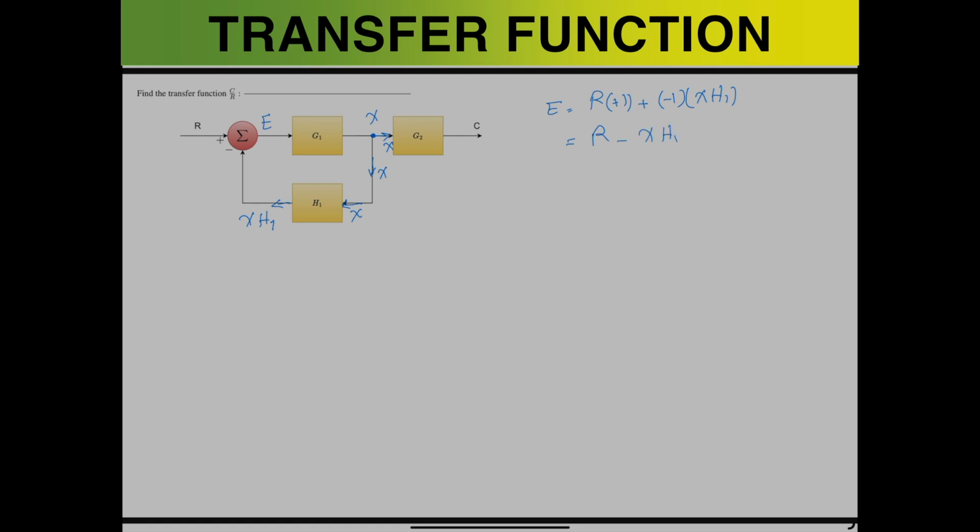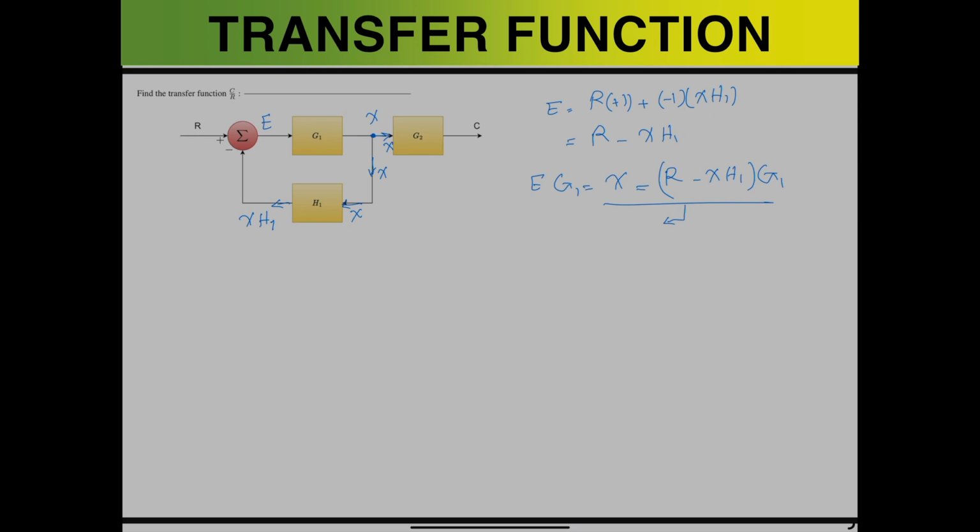Now we know that E in this forward path needs to be multiplied by G1 to result in X. So E times G1 becomes X. Now let's simplify E as we just found it, R minus XH1, multiplied by G1 essentially. We need to then work on this equation to solve for X.